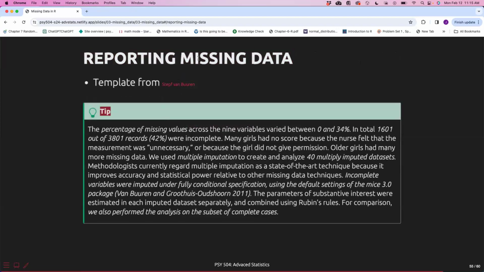So as I said before, missingness is not really reported in the literature, or it's just skirted over. So there's a template from Stef van Buuren, who created the mice package. He provided this nice little write-up that you can use for reporting missing data. So please read this, and also please report missing data in your work as explicitly as possible.